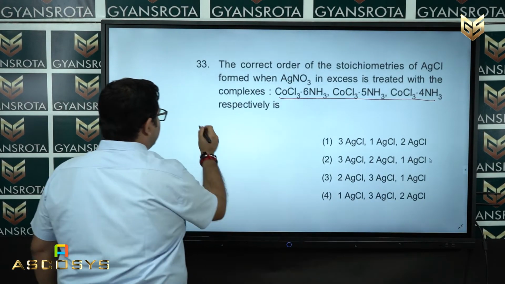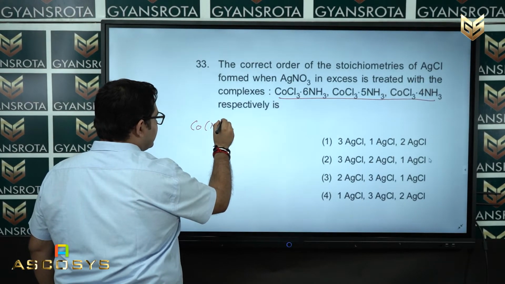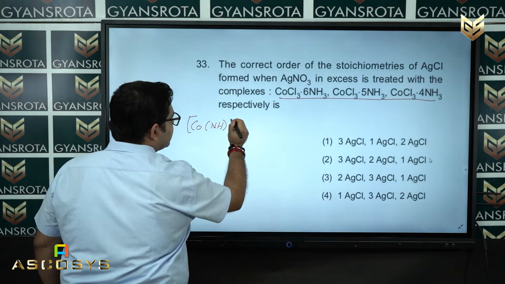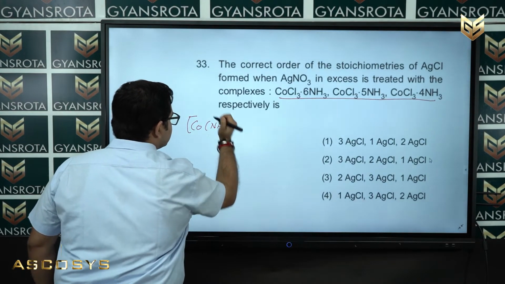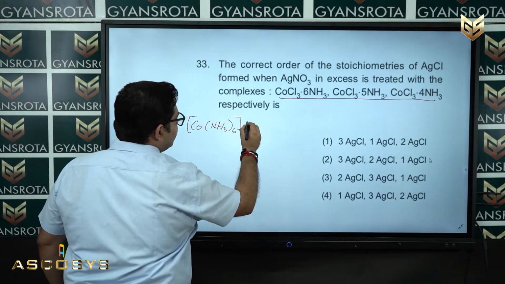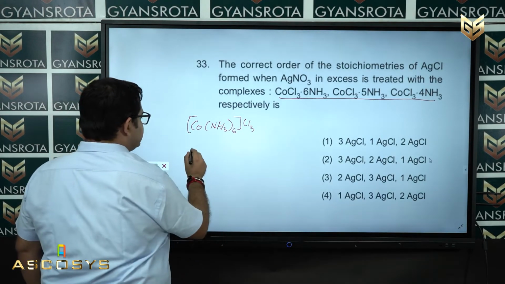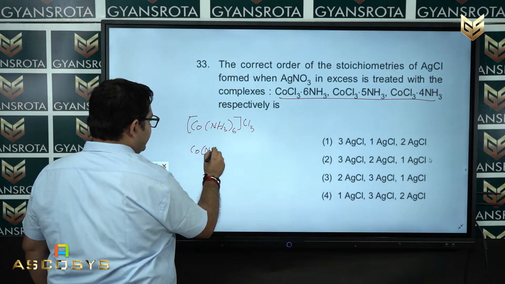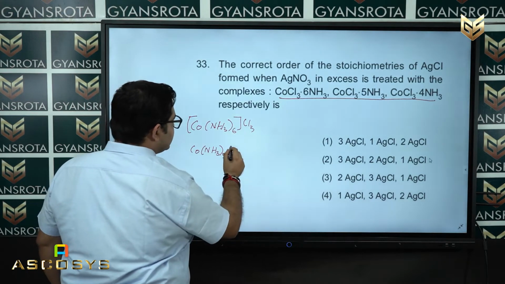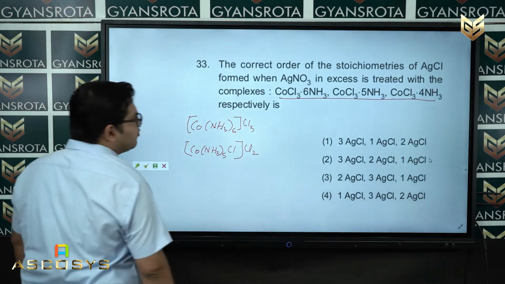For the first one, it will be [Co(NH3)6]Cl3. For the second one, [Co(NH3)5Cl]Cl2, where two Cl are outside.